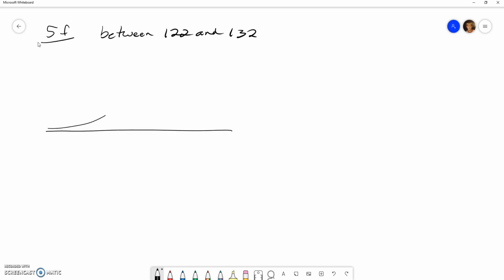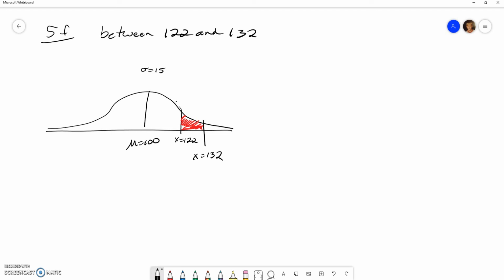Let's draw this out. The average is right there, 100. Standard deviation we'll put up there. Here is 122. And here is, I'm just going to make this a little further down, 132. And we want the area, or the probability, between those two values. So this is going to take a little extra work.